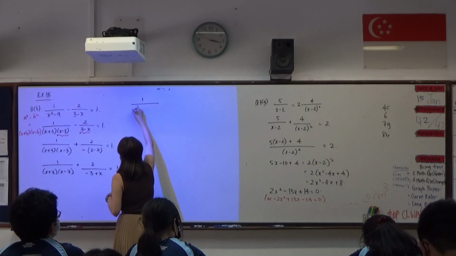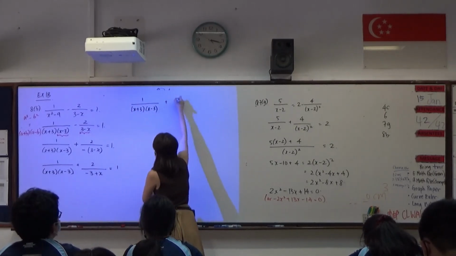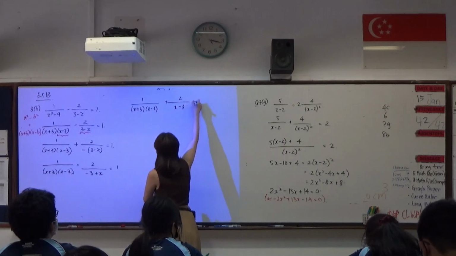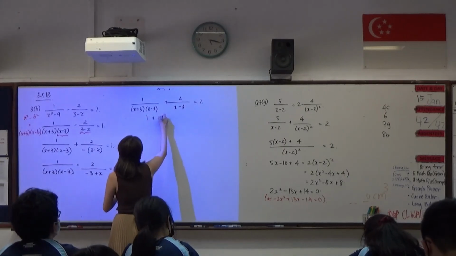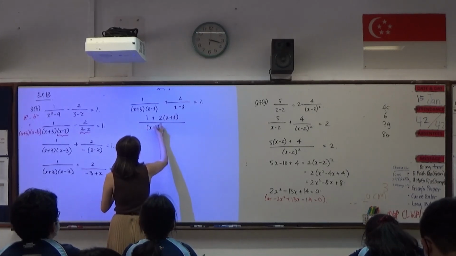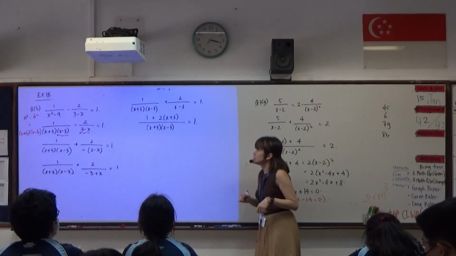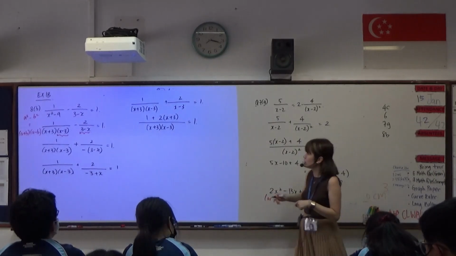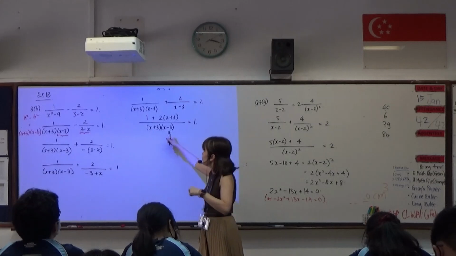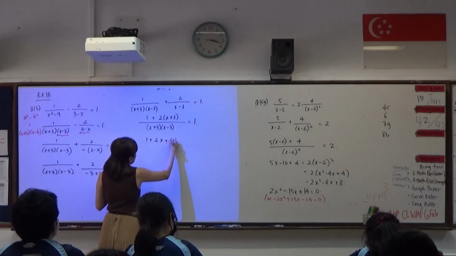Then 1 over x plus 3, x minus 3 plus x over x minus 3. So we will get a single fraction on the left like this. Then we can cross multiply, followed by expansion.